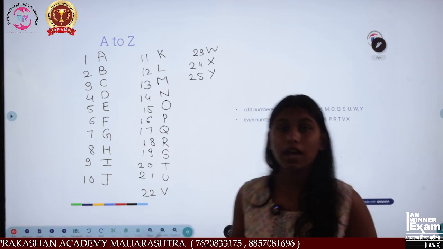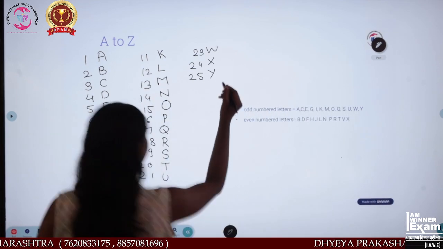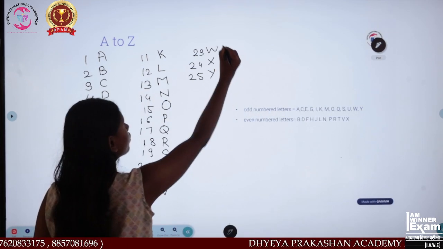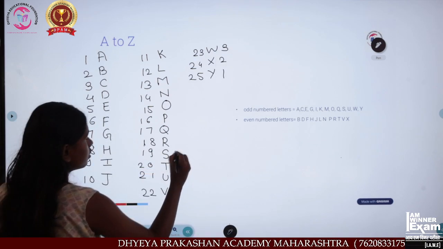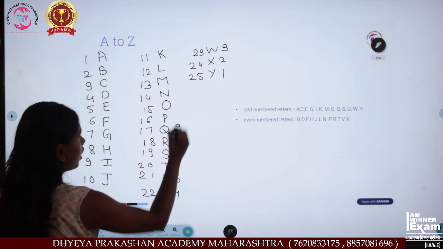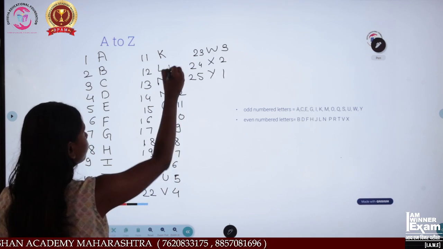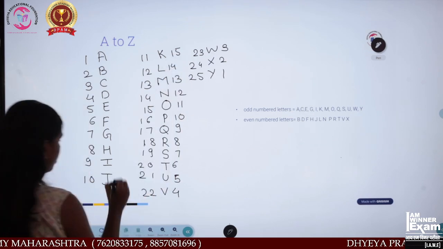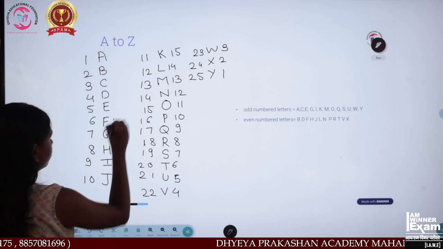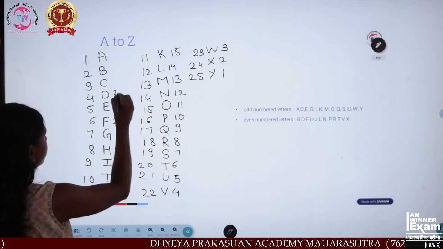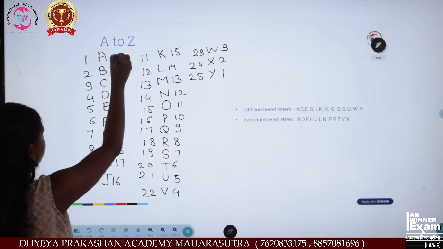But now we will start counting from the Y. So start with Y. That will be 1, 2, 3, 4, 5, 6, 7, 8, 9, 10, 11, 12, 13, 14, 15, 16, 17, 18, 19, 20, 21, 22, 23, 24 and 25.